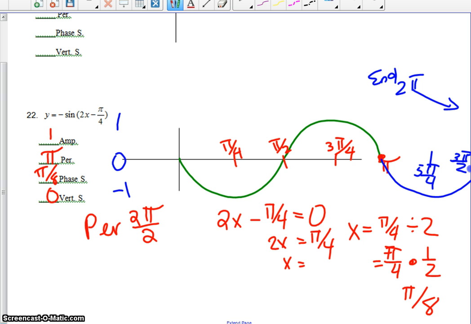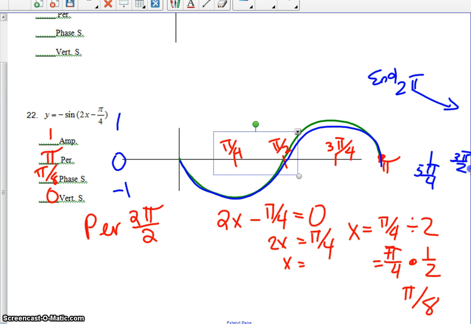I know some of you are saying, well, Mrs. Kennedy, why didn't you just leave it here and change these values? In that one, you very well could. You could say, instead of starting here at 0, I'm going to start at pi. I'm really just doing my phase shift, so everything gets pi added to it. So this would actually be 5 pi over 4.